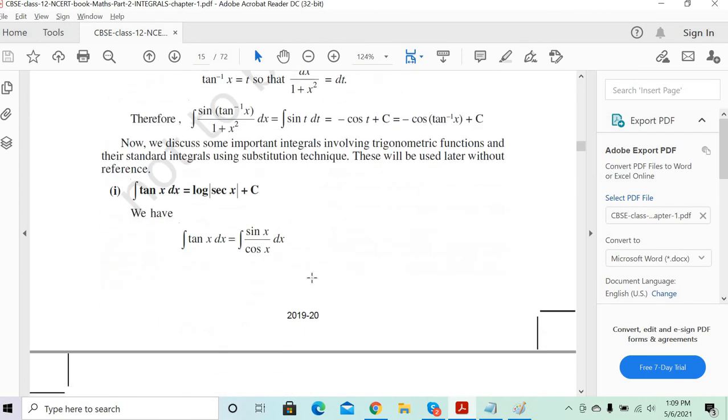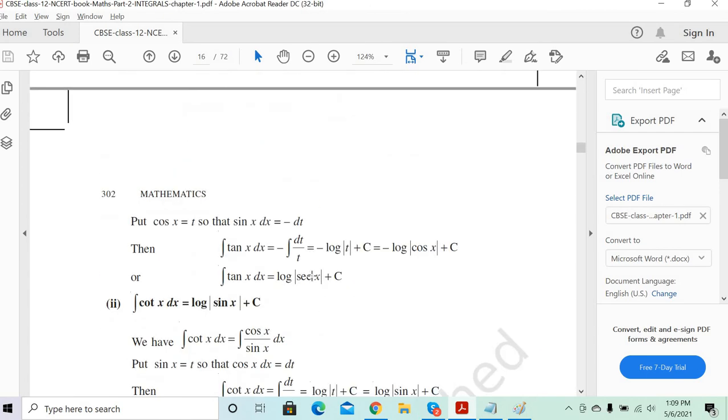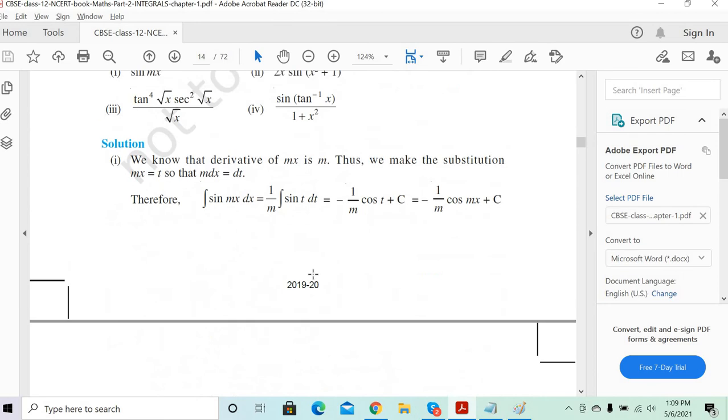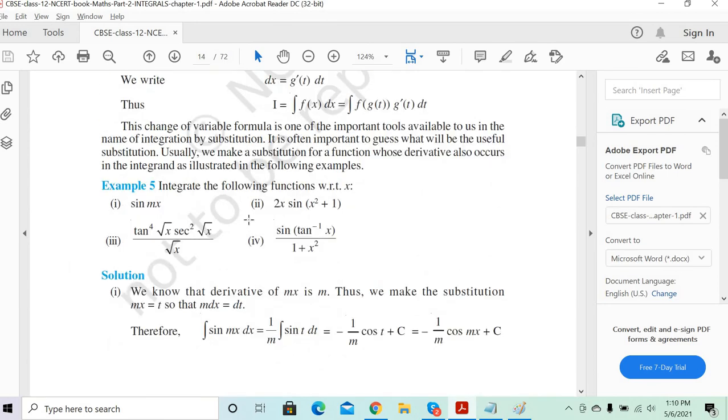Got it, Vijay? Then we'll go to some of the common formulas also. Clear? Any questions, any doubts? No, sir. Clear. Okay, can we do the fourth part now?